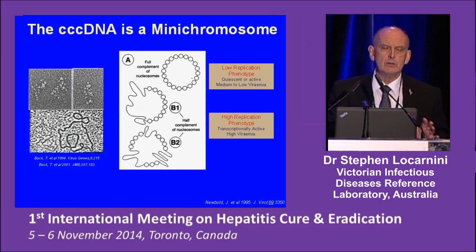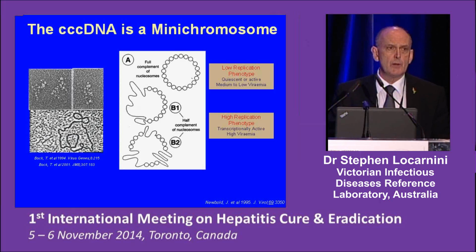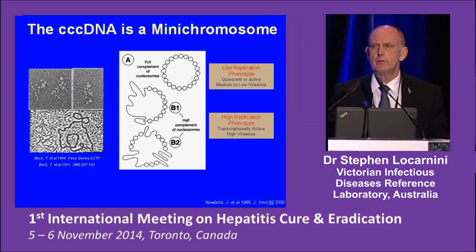And why I don't like cccDNA is because it conveys that it's a single substrate, whereas in actual fact it's a mini chromosome existing in a heterogeneous number of transcriptional states. What John Newbold and I showed many years ago, when I was a young virologist, was that it consists of this heterogeneous group of beads on a string, a full complement of nucleosomes shown for you here, what we call compacted structures.